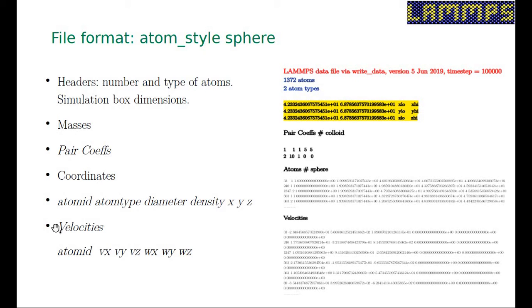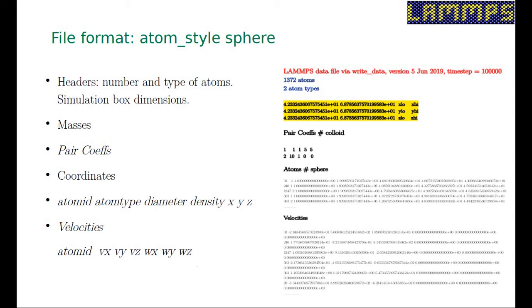After that, we have to include the velocities. In the first column we have the atom ID, then the velocity components, and the angular velocity components as well.